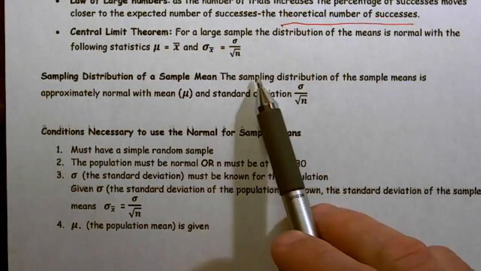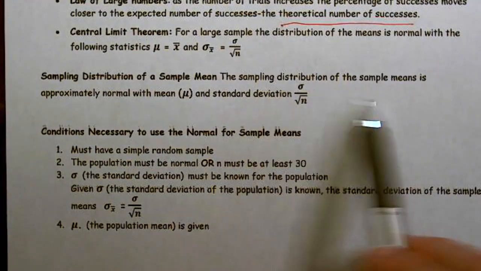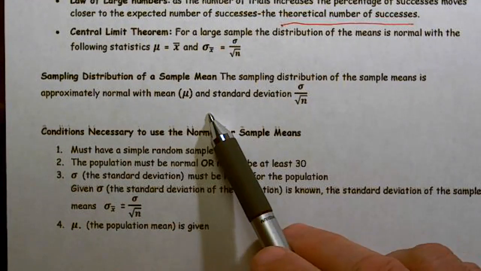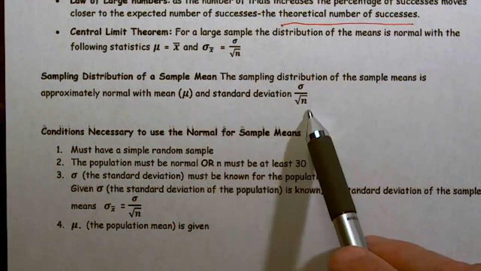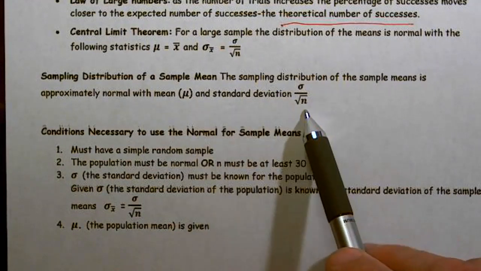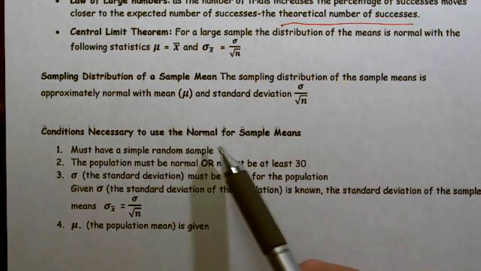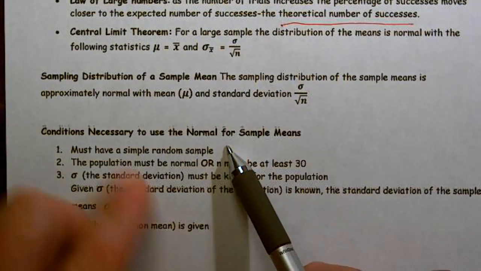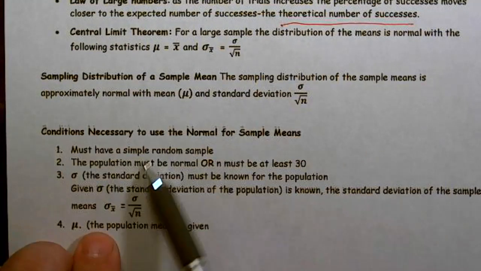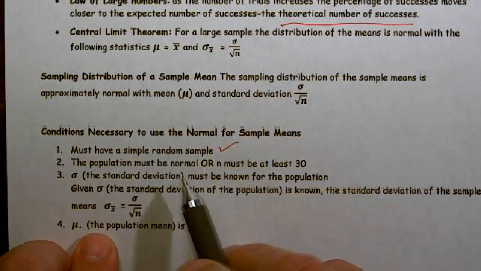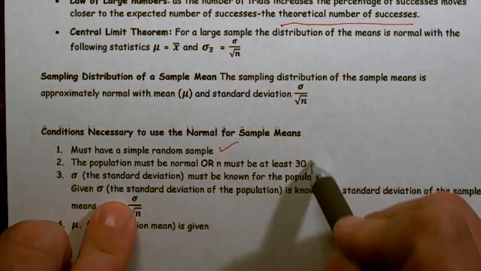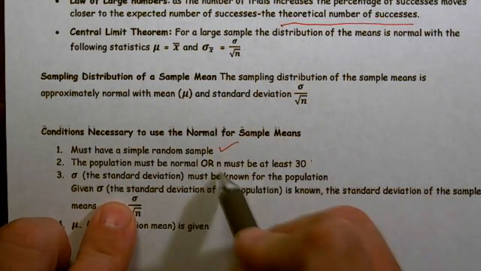We've already stated that the sampling distribution of sample means is approximately normal with mean mu and standard deviation sigma divided by the square root of n. You're going to need to memorize that. And the conditions necessary to use sample means: we need a simple random sample. The population must be normal, or n must be greater than 30.